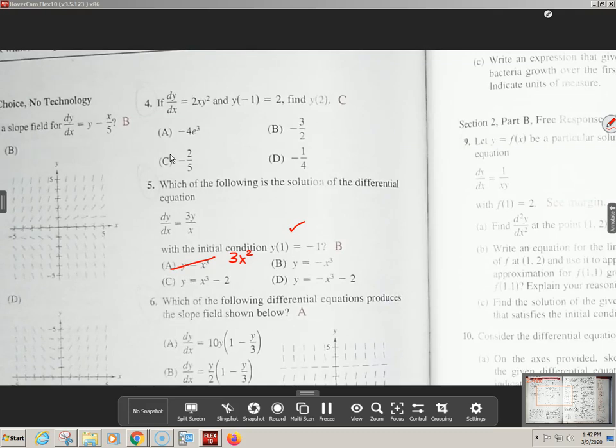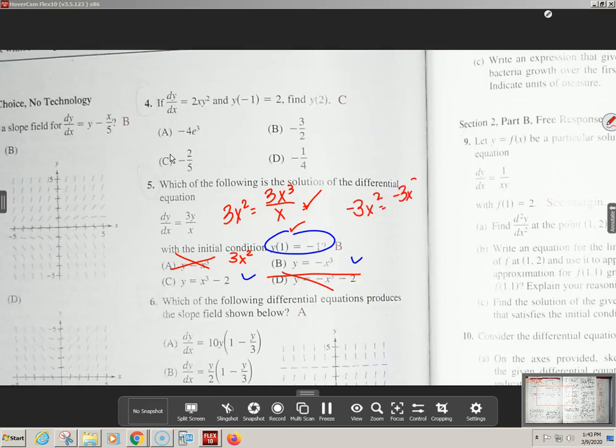No, -1 minus 2 is 3. Right away I can say neither of these work with the clue, so forget those. Both of these work with the clue. So then I found this one's dy dx. dy dx needs to equal 3 times that, and that is 3x squared. Oh, wait a minute, that's good. Try this one: negative 3x squared equals negative 3x cubed all over x.